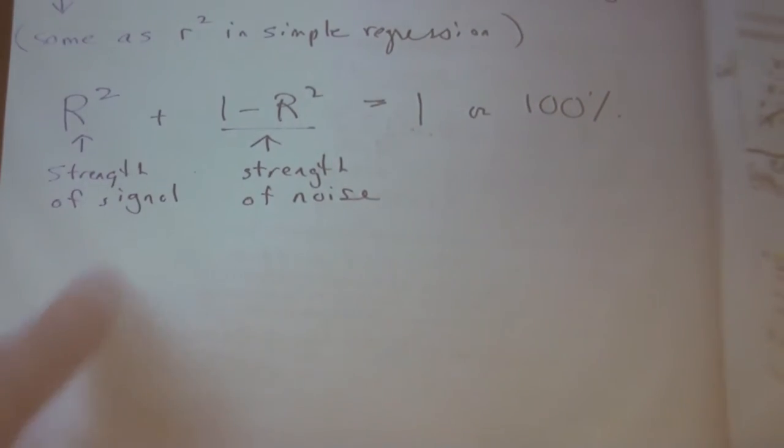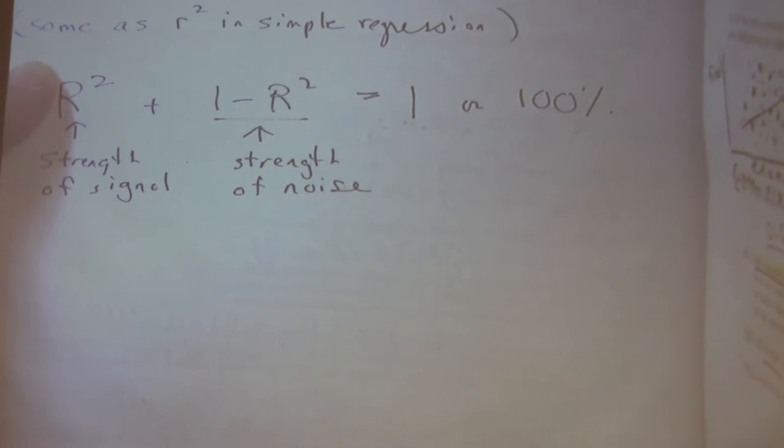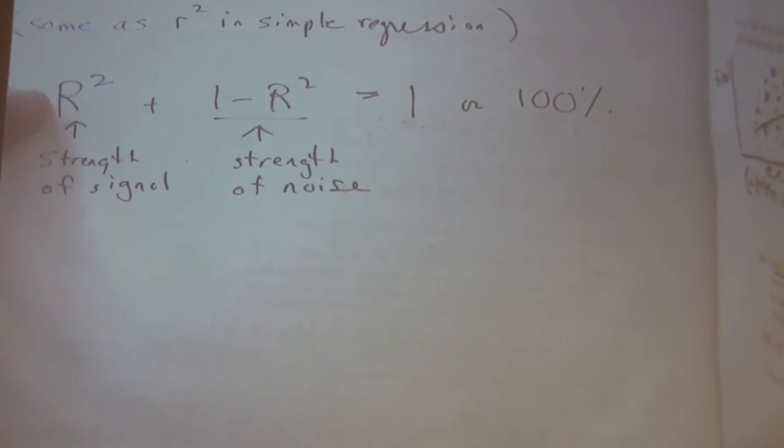We talked about this before, on page 34. R squared is just your correlation coefficient squared. It's positive all the time. Actually, capital R is the absolute value of little r for simple regression. So this was back on page 34.